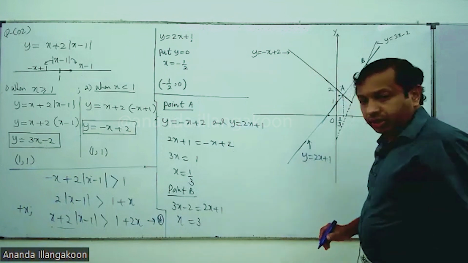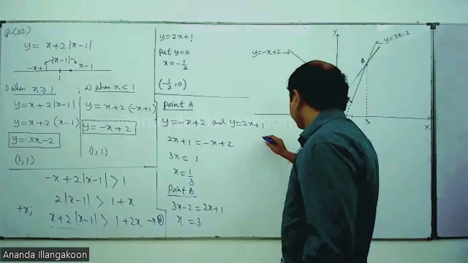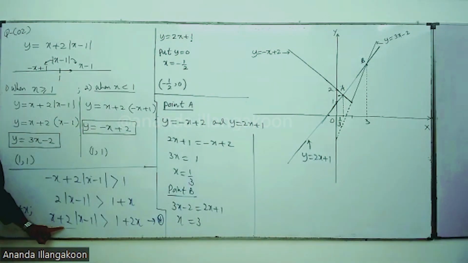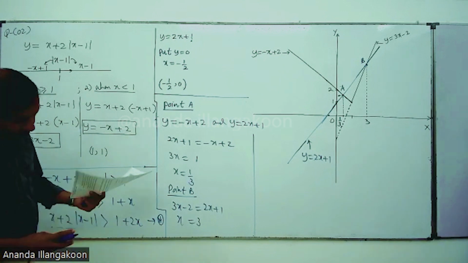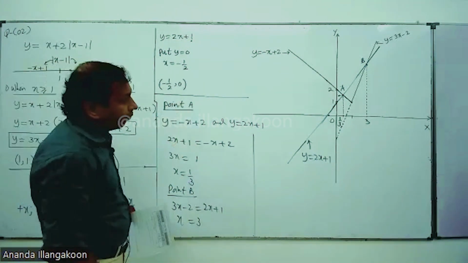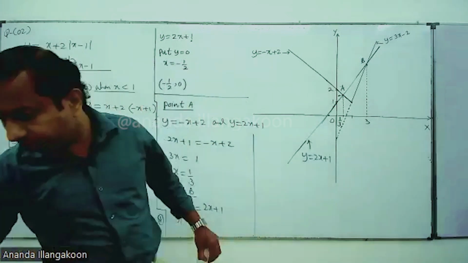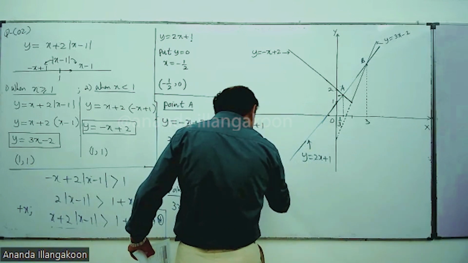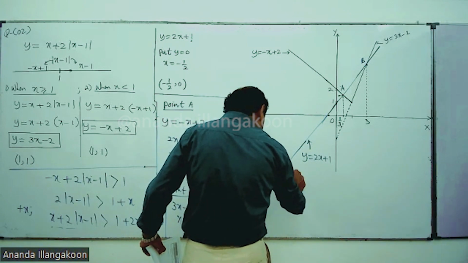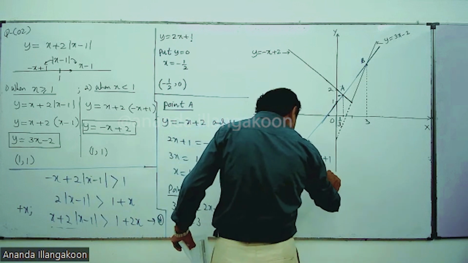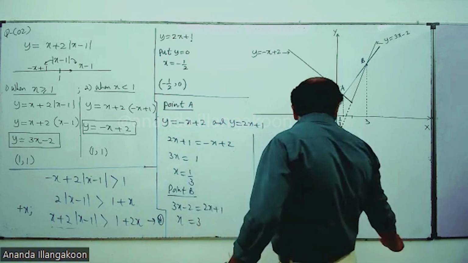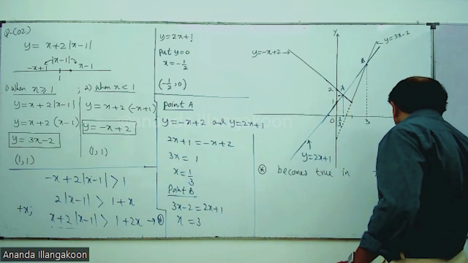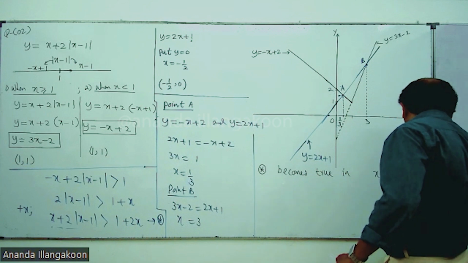Then you can write the last answer. You see how star occurs here. This is star now. Star occurs on the left of A and right of B. Therefore, star becomes true in x less than 1/3 or x greater than 3.